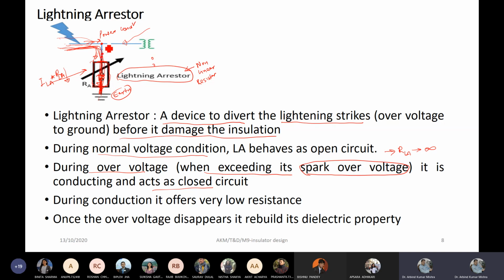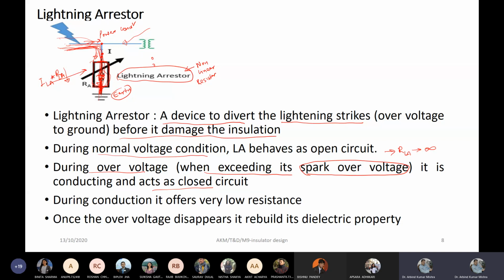One is to disconnect this line from the source, so that there is no flow of current and no voltage here. Secondly, build the insulation itself within the lightning arrestor, so that once the high frequency over voltage disappears, the insulation is built up automatically.